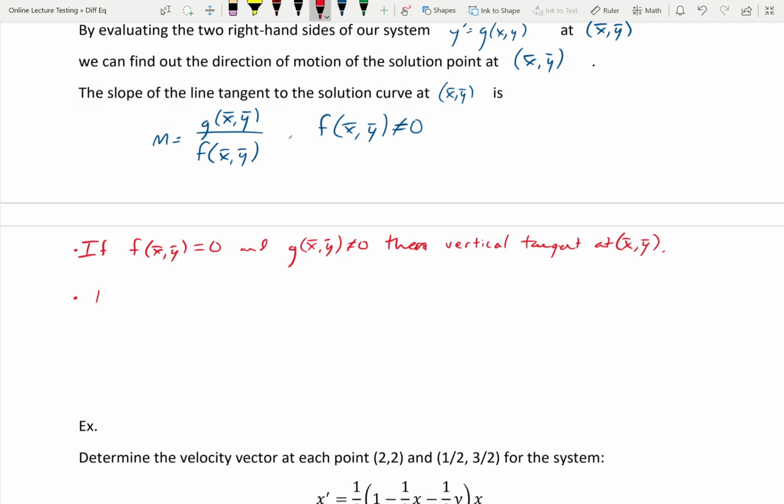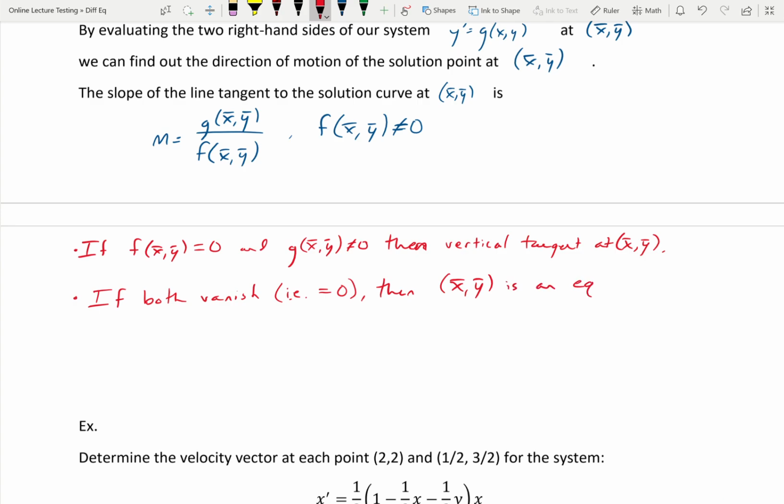If both vanish, meaning both go to 0, then x bar, y bar is an equilibrium point.